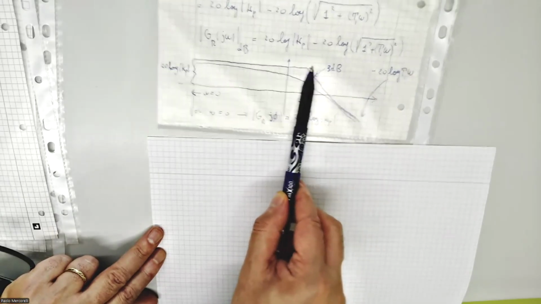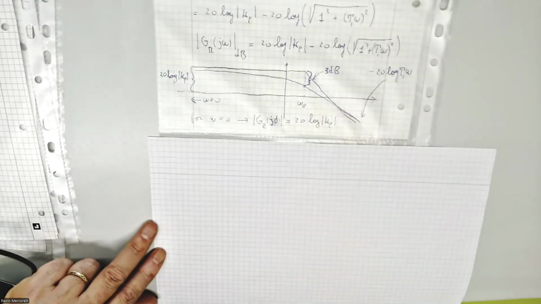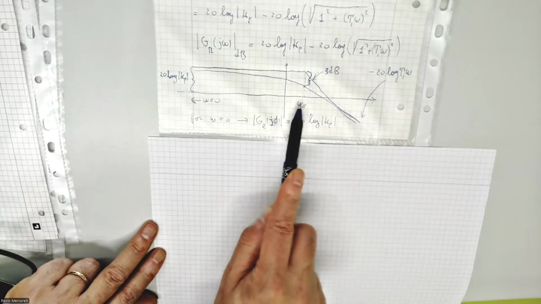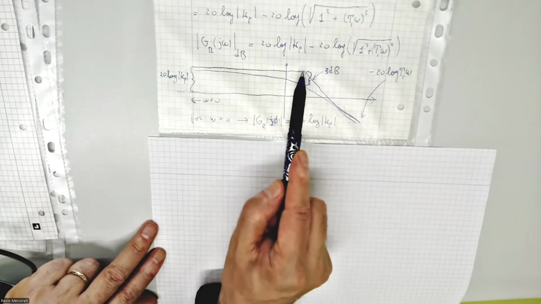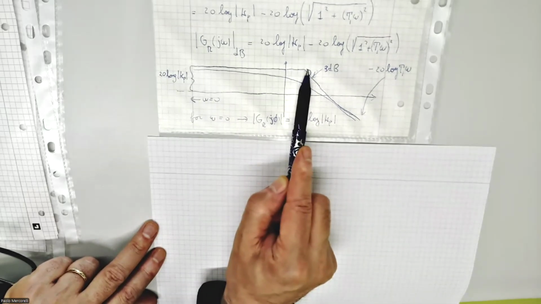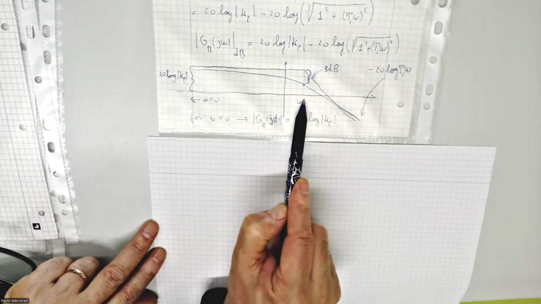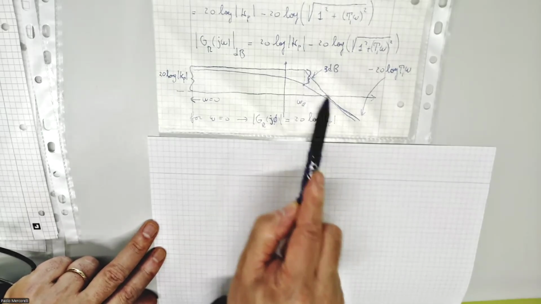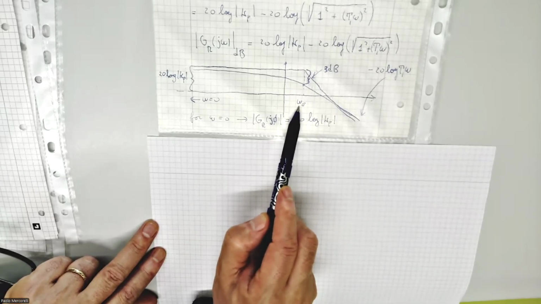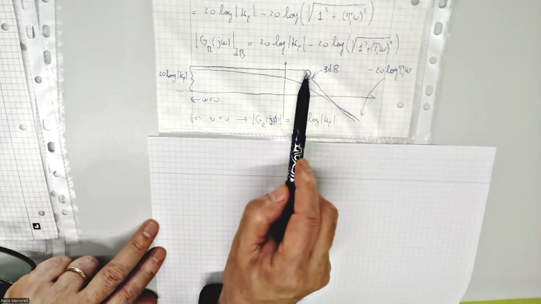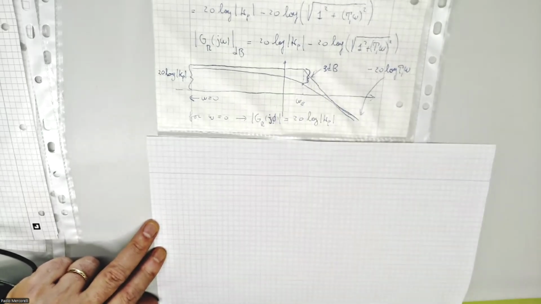This asymptotic element is valid until omega e, and this asymptotic line is also the upper bound of validity of this part, valid for omega 0 until omega e, and the lower bound of the validity of this approximation is again omega e. What is omega e? It is when the Bode lines meet. And in this particular case, the difference is 3 decibel.